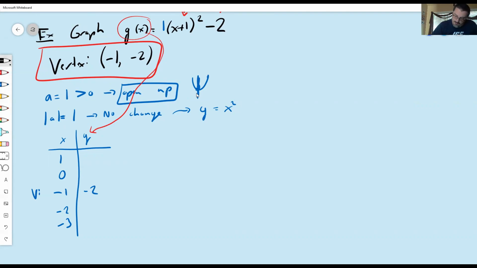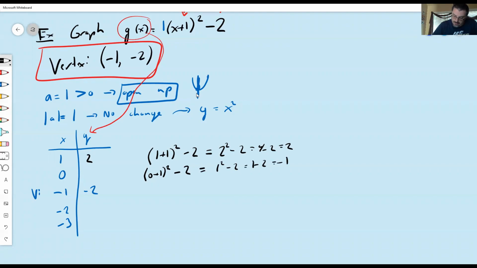So I have 1 plus 1 squared minus 2. 2 squared minus 2. 4 minus 2 equals 2. That's my first point. Then I have 0 plus 1 squared minus 2 equals 1 squared minus 2. 1 minus 2 is minus 1.